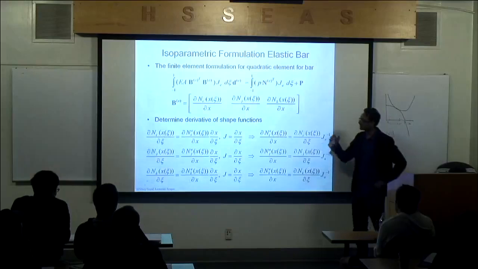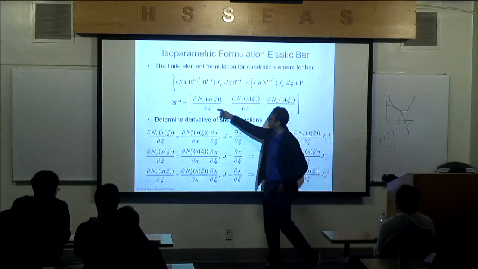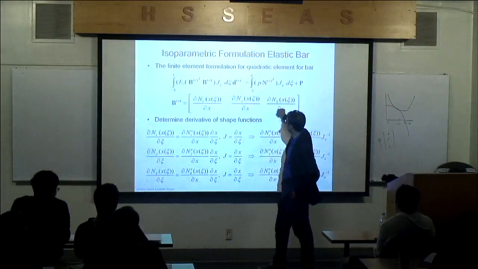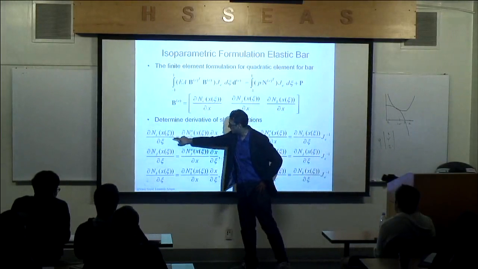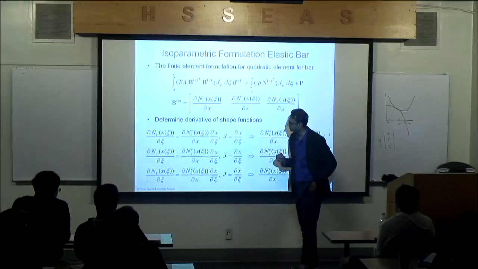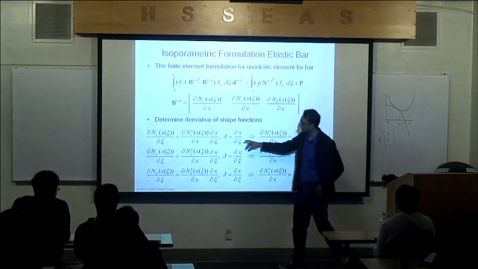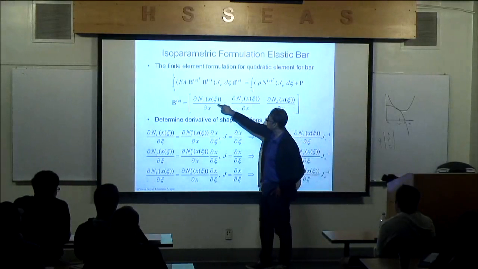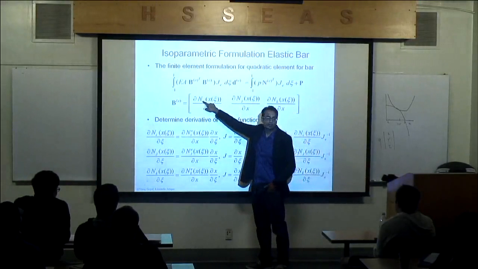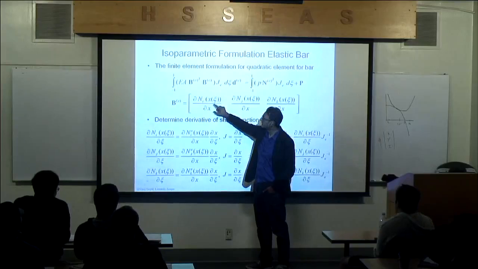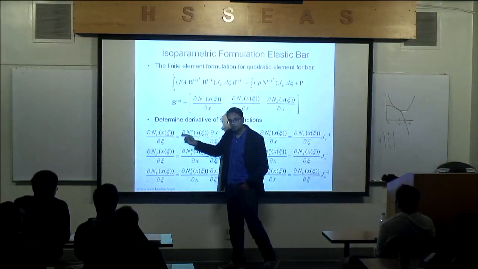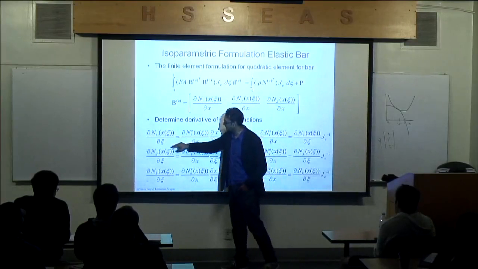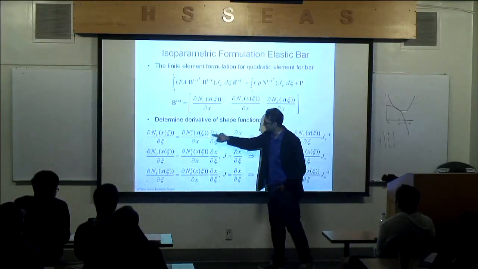And so now I take the derivative of the shape functions. I have to do that calculation to be able to get B in there. And so I do that for each of them using the chain rule. I already went over this, but I know N as a function of ξ, not as a function of x, so I cannot take this derivative explicitly. To do that, I have to use this formula for the chain rule: dN/dξ = dN/dx times dx/dξ.